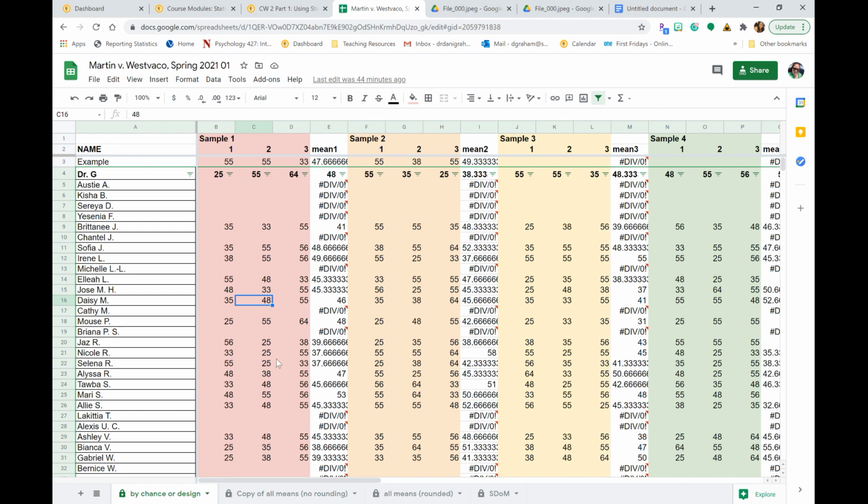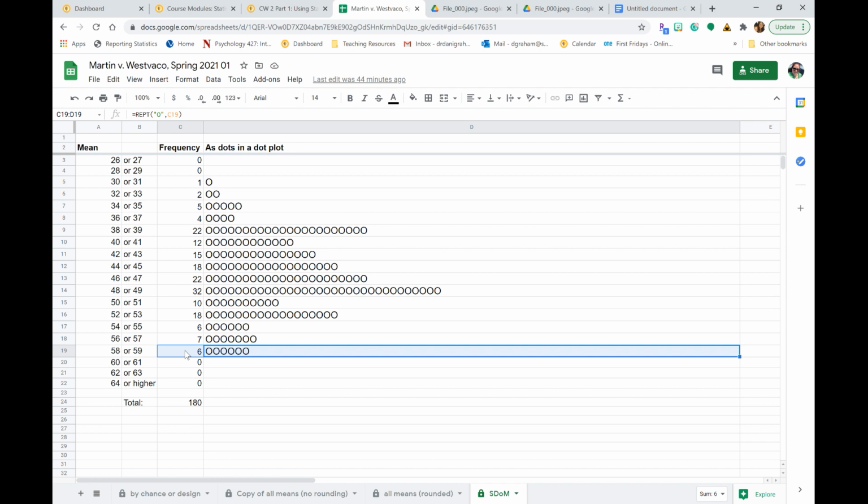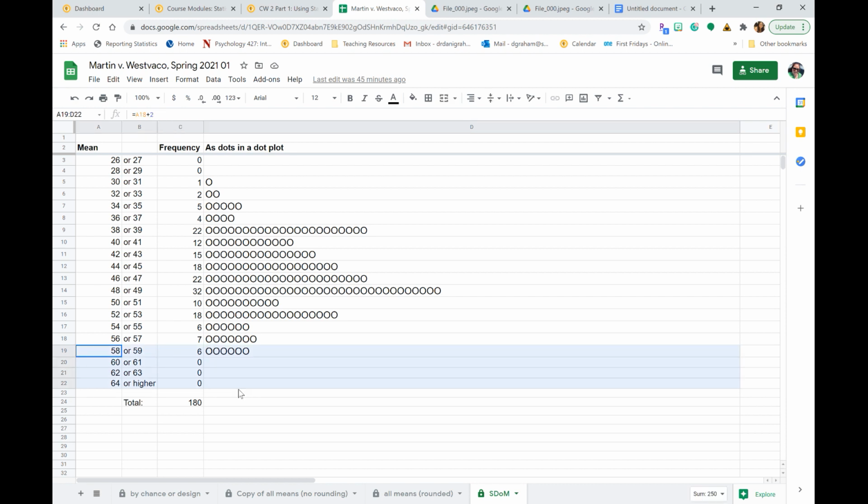And then we can see out of all those times that we did it, we can reasonably expect to see an outcome like Westvaco's about 3.5, maybe 4% of the time, right? So if we're doing this totally at random, which is what we did to get this simulated data, it happens about 3.5, 4% of the time.